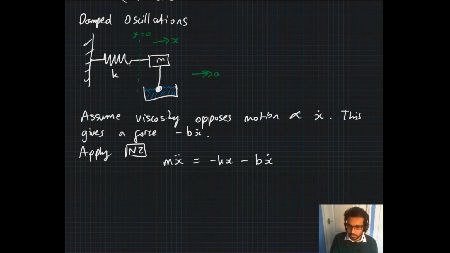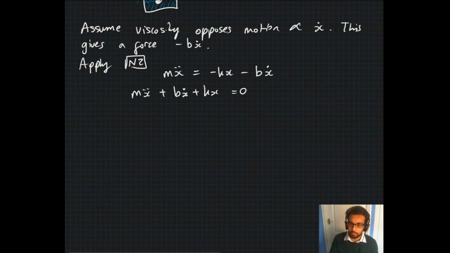So just rewriting this all on one side, we have that m x double dot plus b x dot plus kx equals 0. Now dividing through by m and setting omega squared equal to k over m as before, and now also defining gamma to be equal to b over m, we get the equation of damped simple harmonic motion.